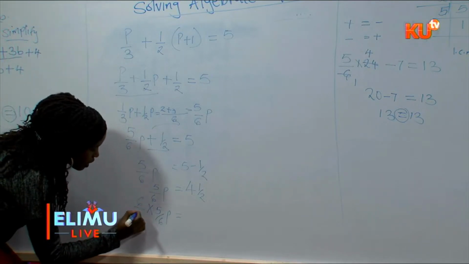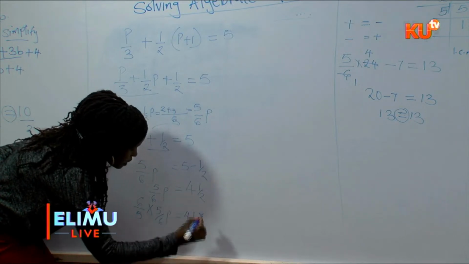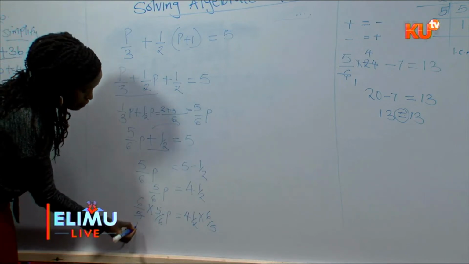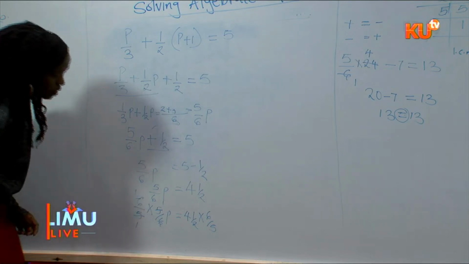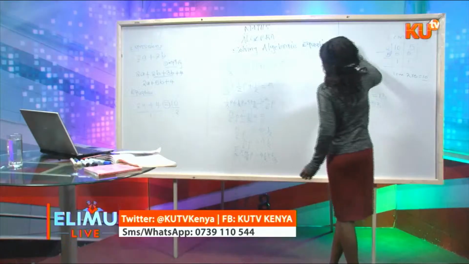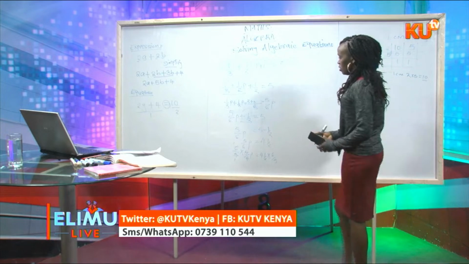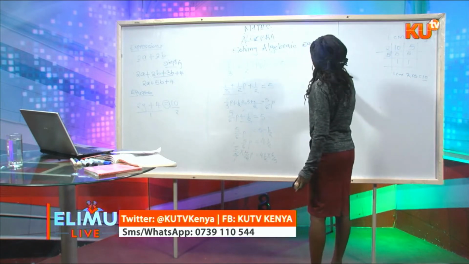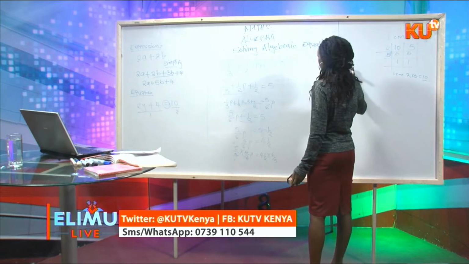I get 6 over 5 on the other side, 4 and a half times 6 over 5. By 5, 1, by 5, 1, by 6, 1, by 6, 1. So the value of my P, I have simplified here. I have P is equal to 4 and a half times 6 over 5.